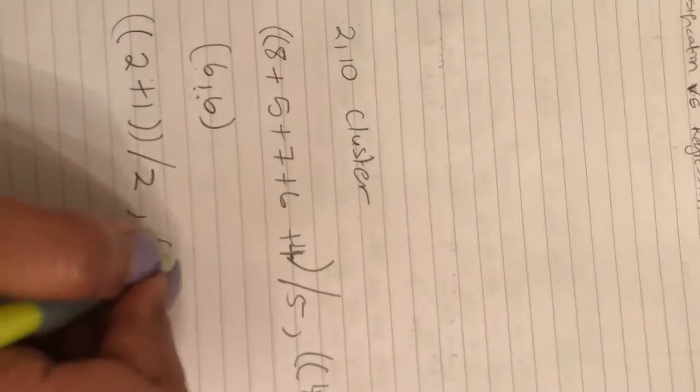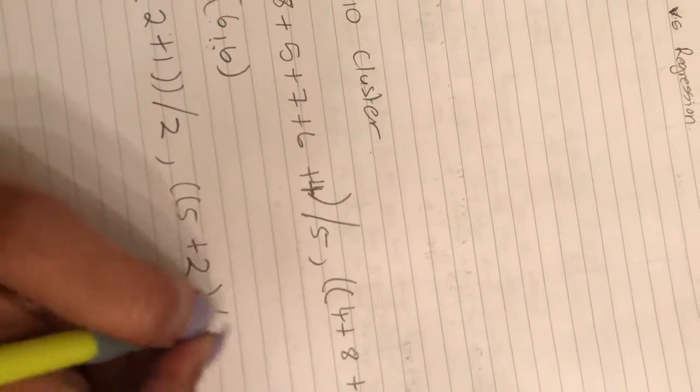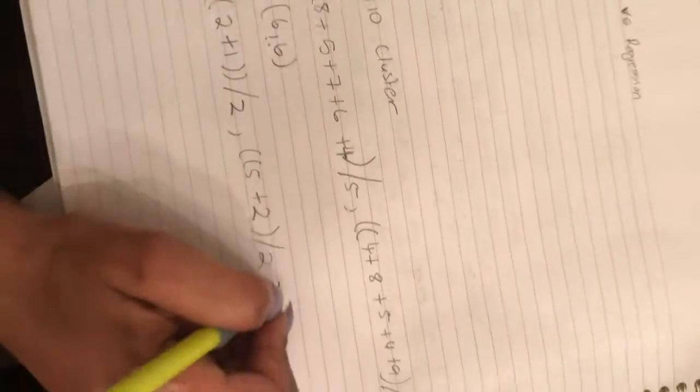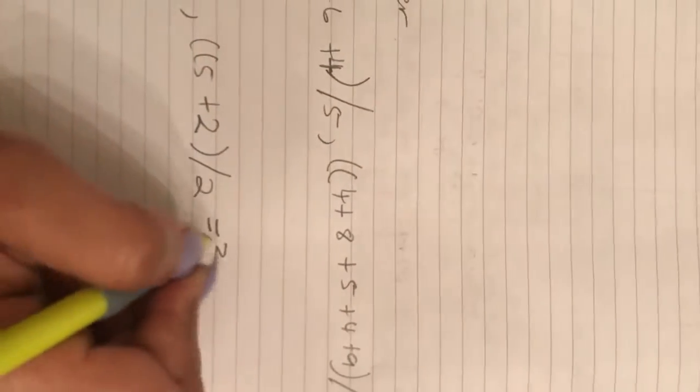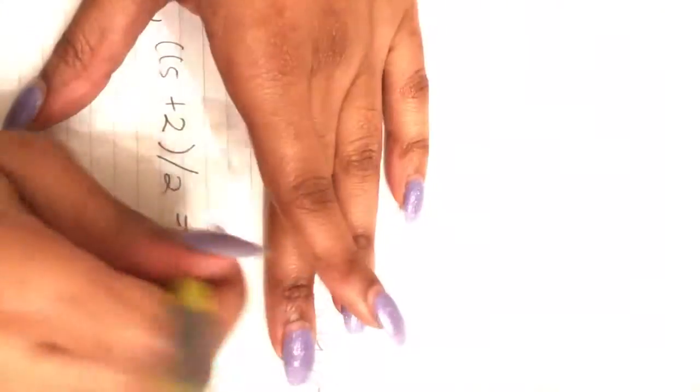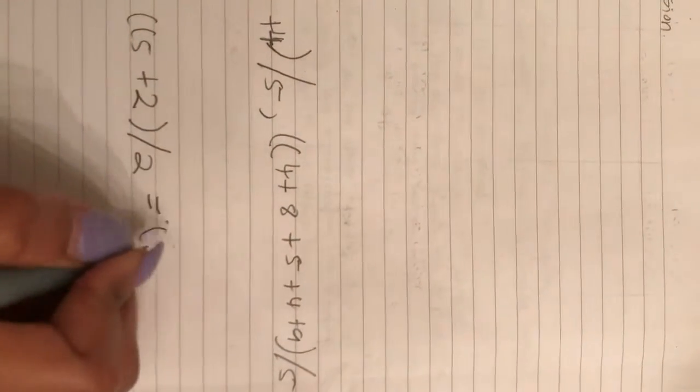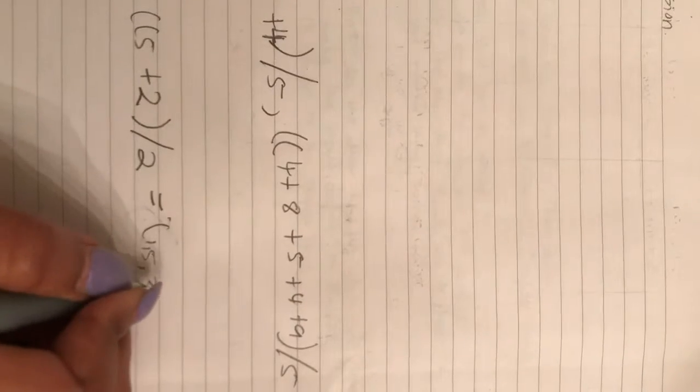The y's we have 5 plus 2, close parenthesis, divided by 2, and this gives us 1.5. Let me write it nice and neat. So this gives us 1.5, comma 3.5. That's the new center point. And as you can see, that's what we have here.